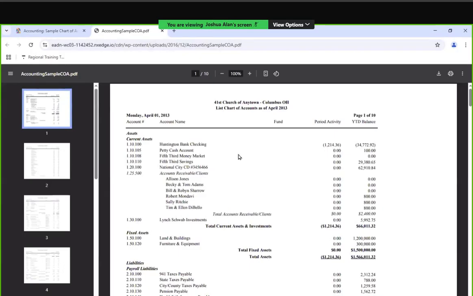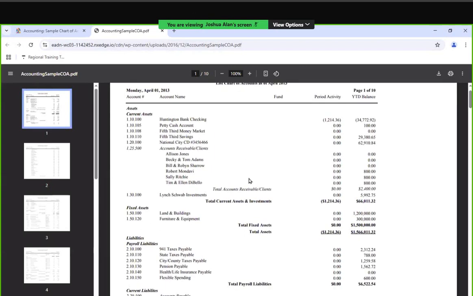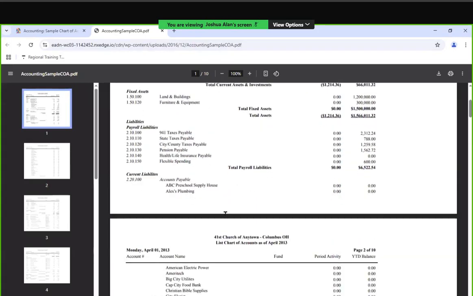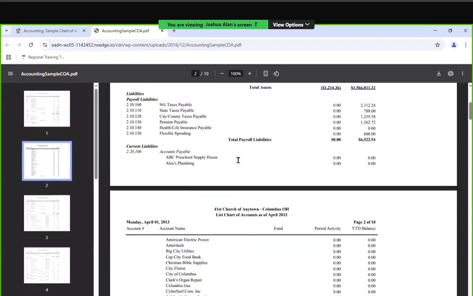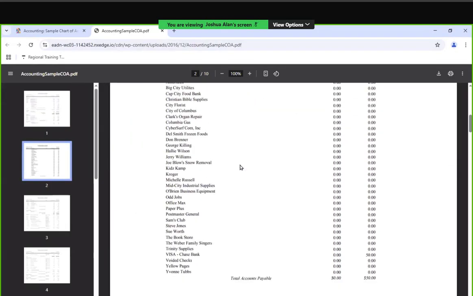a sample chart of accounts that basically just shows what a well-rounded, average chart of accounts might look like. Okay, assets: checking accounts, savings, money markets, CDs, investments, accounts receivable clients, fixed assets. And then it goes down into liabilities and shows, in this case, payroll tax liabilities, accounts payable vendors.